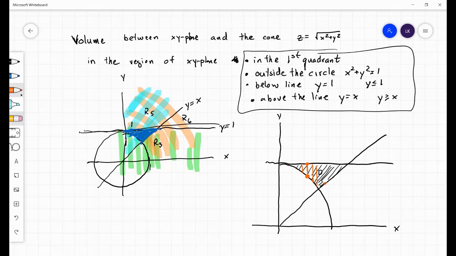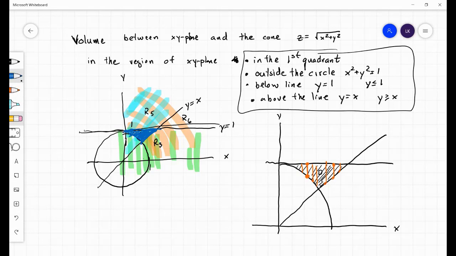But as you move over, you see that the lower bound for x changes. So you couldn't say that x is bounded by a single function below.